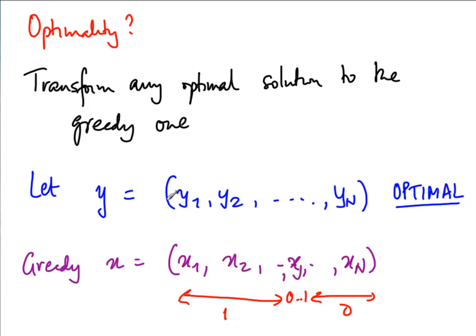We have no idea how the y's were actually computed. We only know that y is optimal, but we can certainly assume that however y has been computed, it is reported in the same way as x. That is, y1 and x1 correspond to the same bag, y2 and x2 correspond to the same bag, and so on. So we are not assuming that y actually is constructed in the order 1 to n, but we are just assuming that it is reported in the order 1 to n.